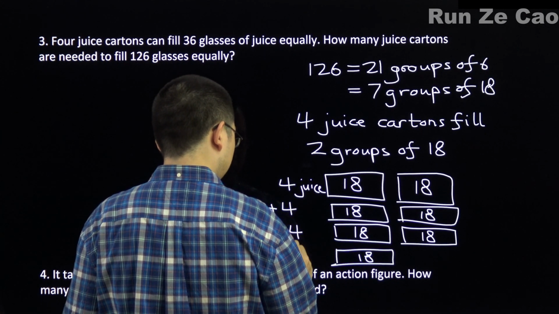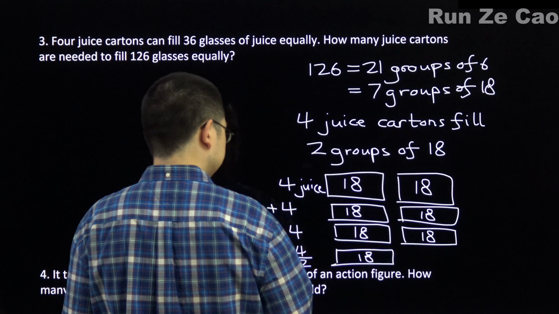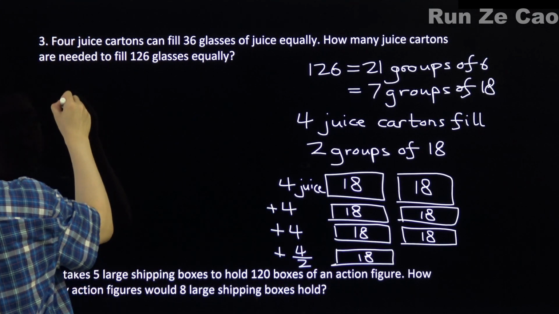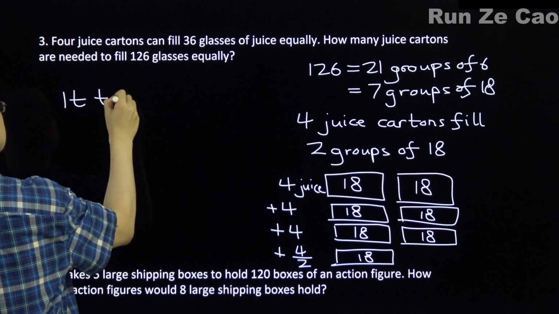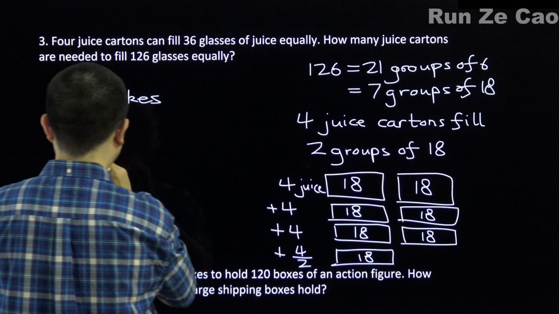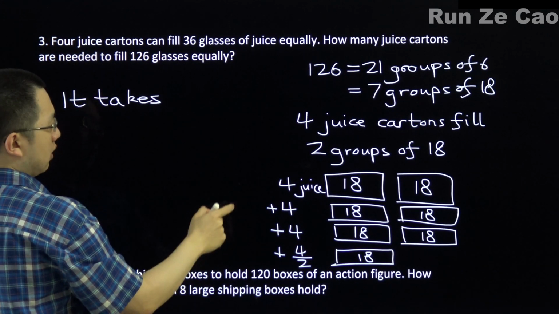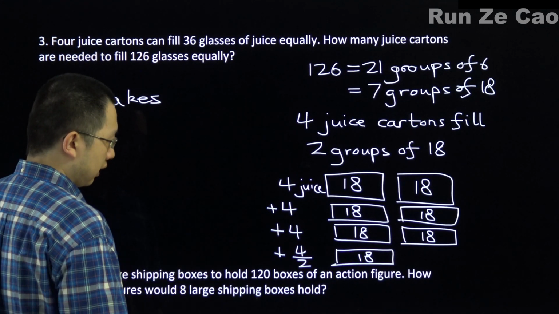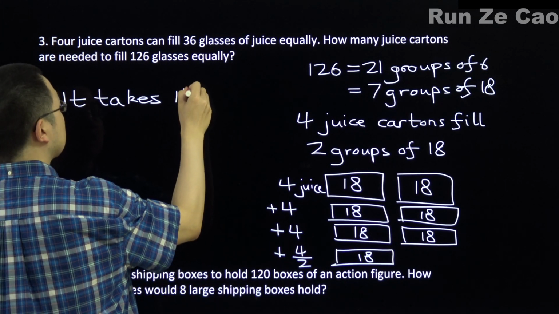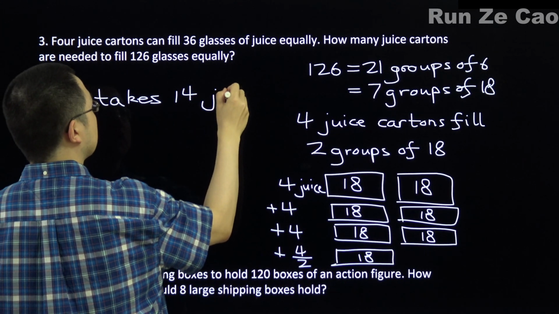Plus 4 plus half of 4. Okay, so we would be like, it takes 1, 2, 3. 3 times 4 is 12, plus 2, 14 juice cartons.